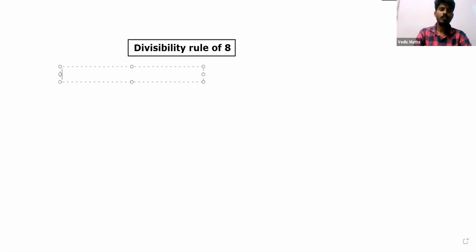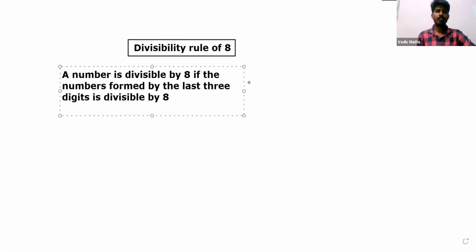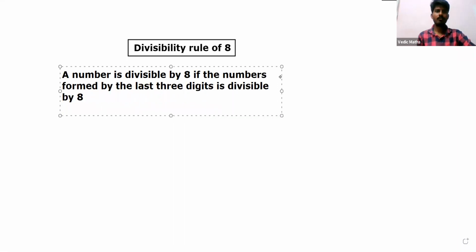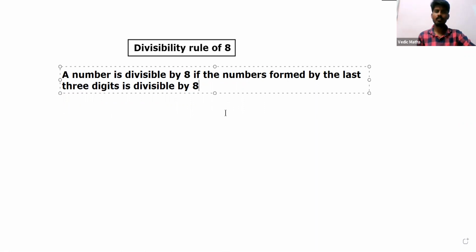That method says a number is divisible by 8 if the number formed by the last three digits is divisible by 8. This is the general rule given in the schools. Let me take one example and try to understand this statement.